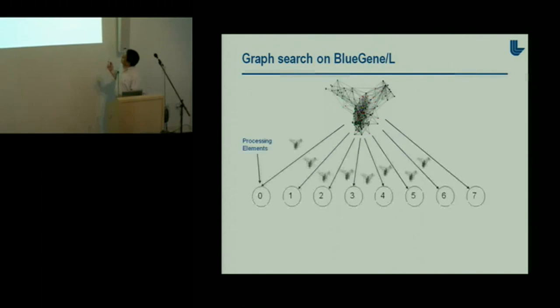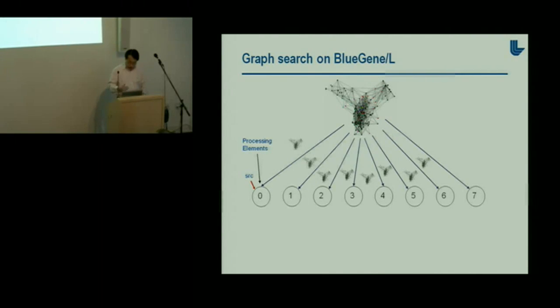How you run a graph search on a machine like BlueGene is very similar to what I believe Pregel does. You have a graph, you chop it into independent sets, and you distribute them across all the nodes. At the same time, you give them the source vertex of the search.